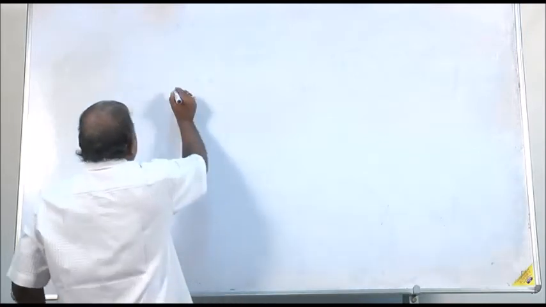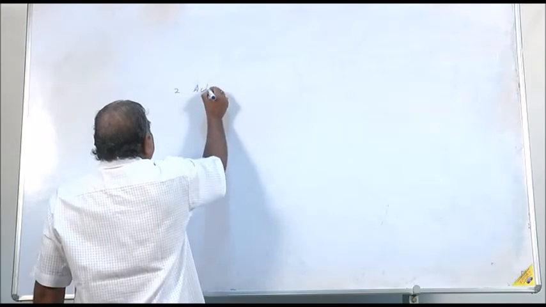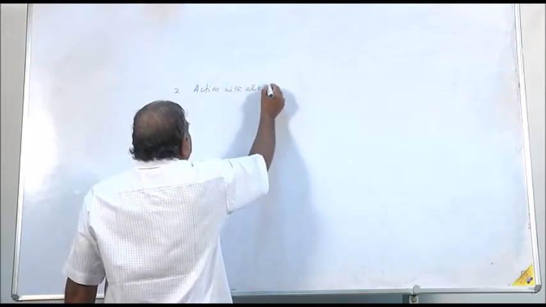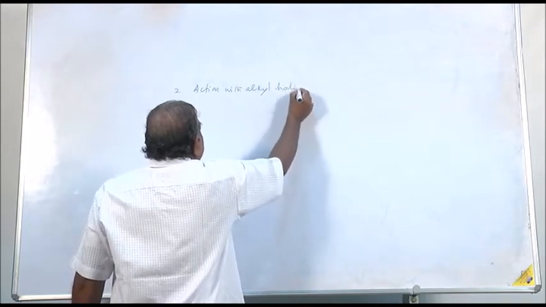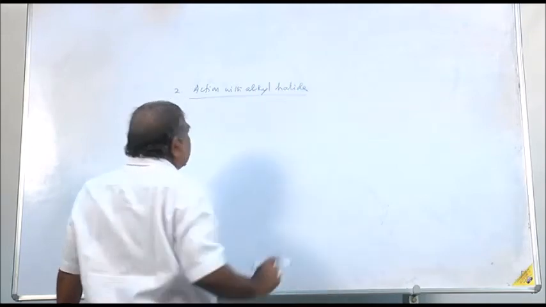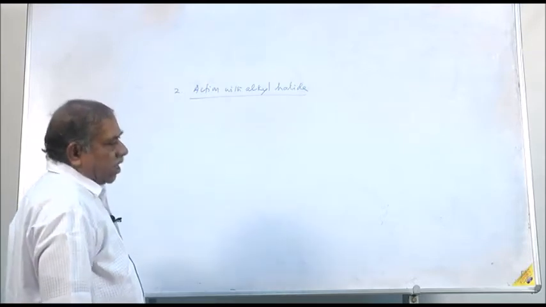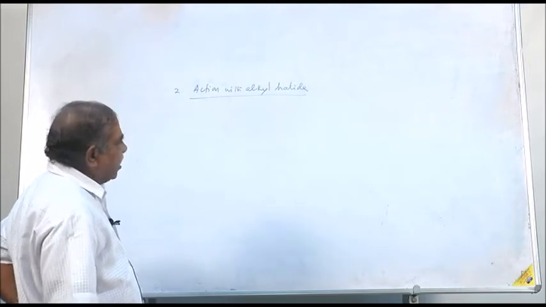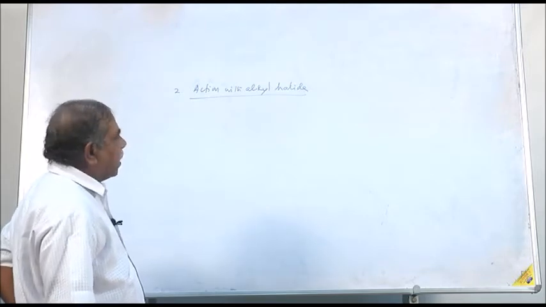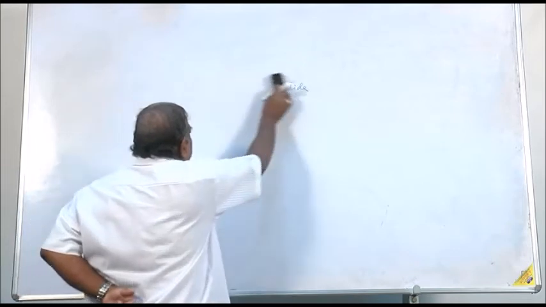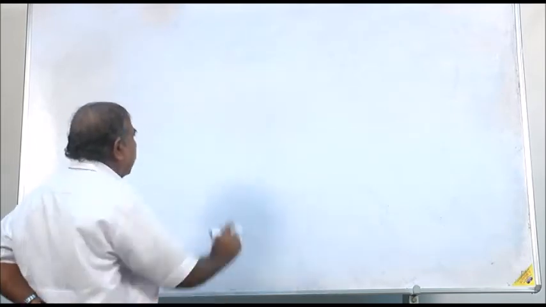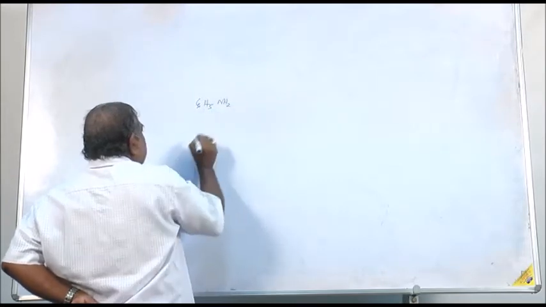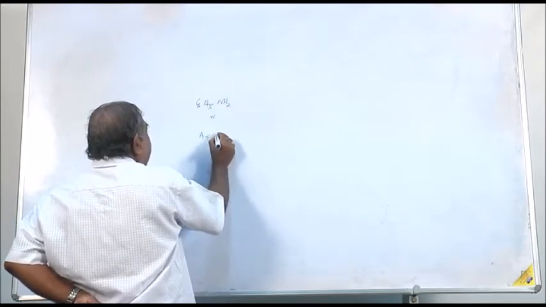Number 2, action with alkyl halide. You have noticed that aniline is a primary amine, so it reacts with alkyl halide, forms secondary amine, which will again react with alkyl halide, will form tertiary amine, and ultimately quaternary ammonium salt. So you take aniline, which I can write as C6H5NH2, or you can write AR.